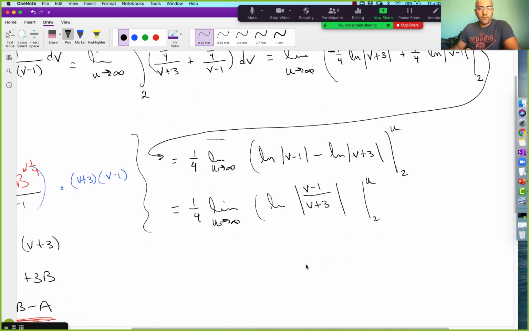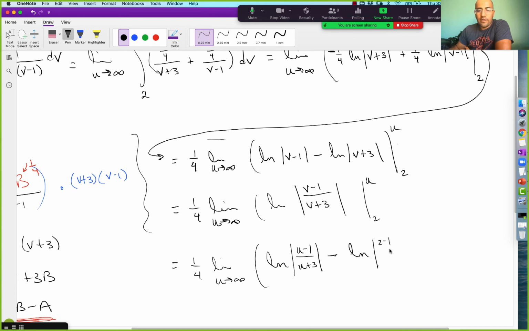Good. All right, so then this is going to be positive 1/4 the limit as u goes to infinity of, plugging in a u in there, ln of absolute value of u minus 1 over u plus 3, minus ln of absolute value of 2 minus 1 over 2 plus 3.